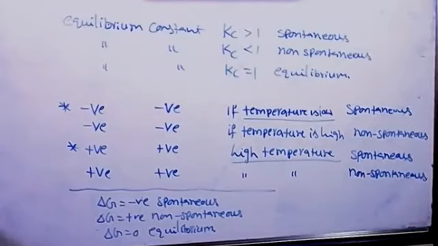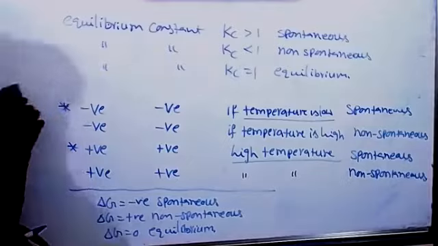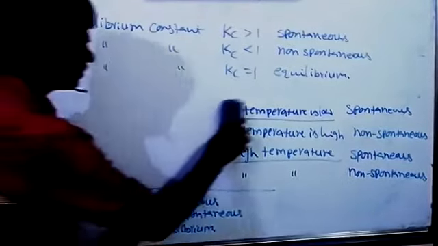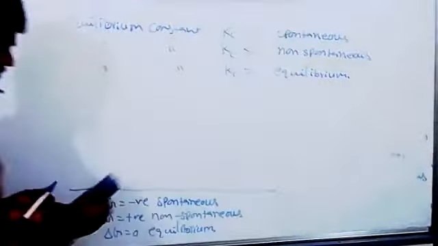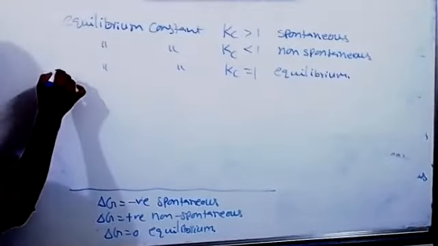Yesterday I already gave you the total entropy of a system plus surrounding. If it is positive, total entropy of system and surrounding, what is that? Process is spontaneous. So this is with equilibrium.